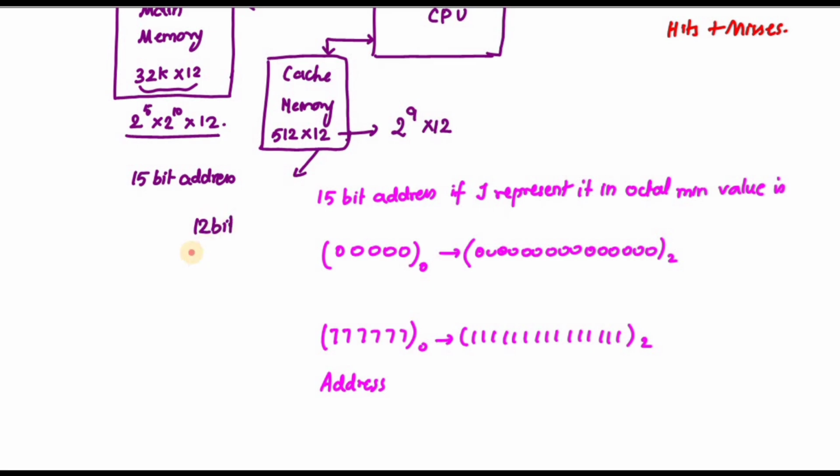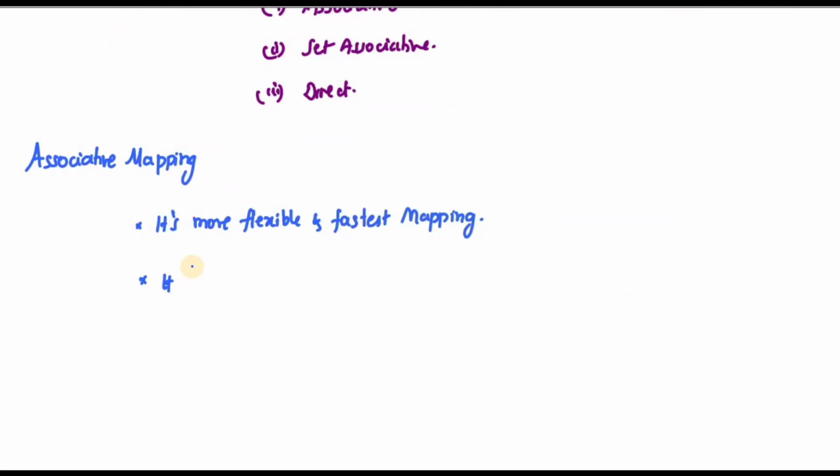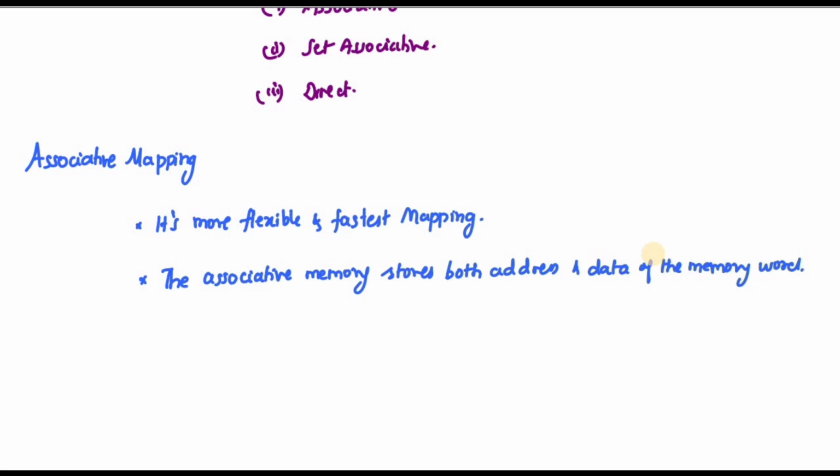It is more flexible and it is the fastest. Why? Because associative mapping stores both the addresses and the data of the memory word inside the cache.